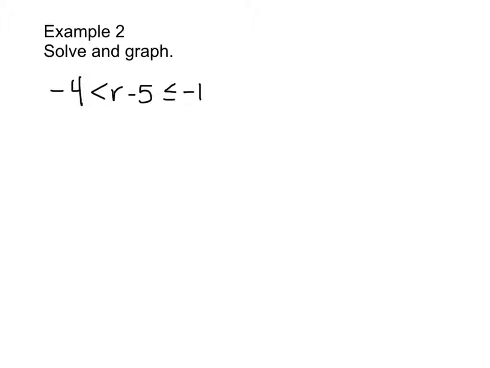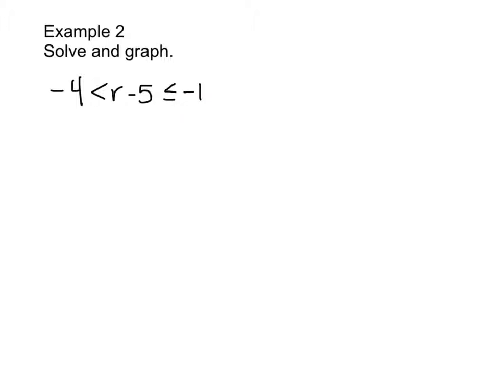All right, we are going to do this problem in two different ways. However you do it, it's up to you. Solve and graph. It says negative 4 is less than r minus 5, which is less than or equal to negative 1. Now, one way to do this is to separate it into two separate inequalities. I will tell you that if you see something that looks like this, a compound inequality, it is automatically an and problem.